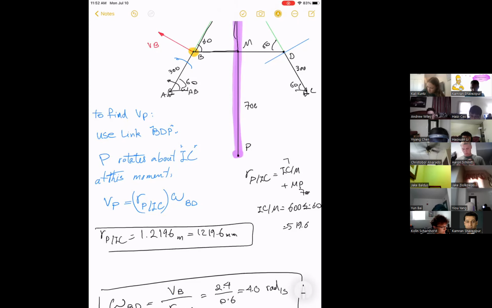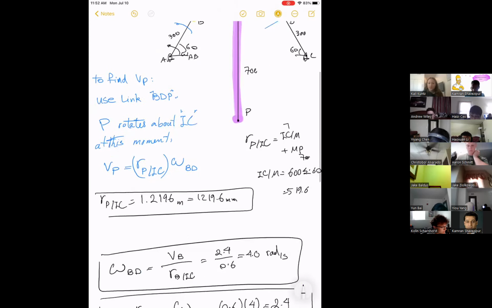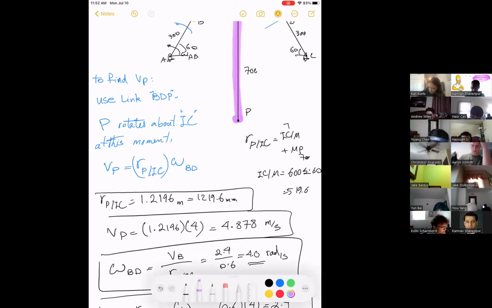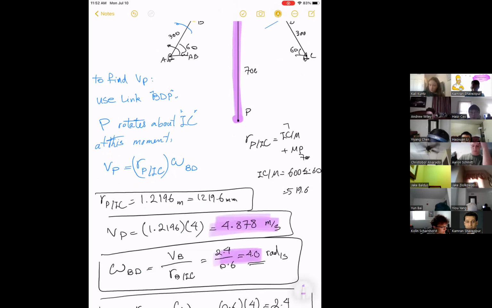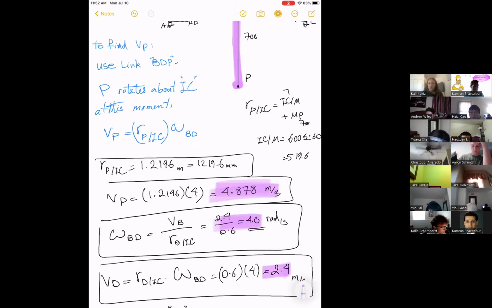If I do that, then omega BD, I already have it. VP is going to be 1.2196 times 4, and you're going to get 4.878 meter per second. These are final answers.